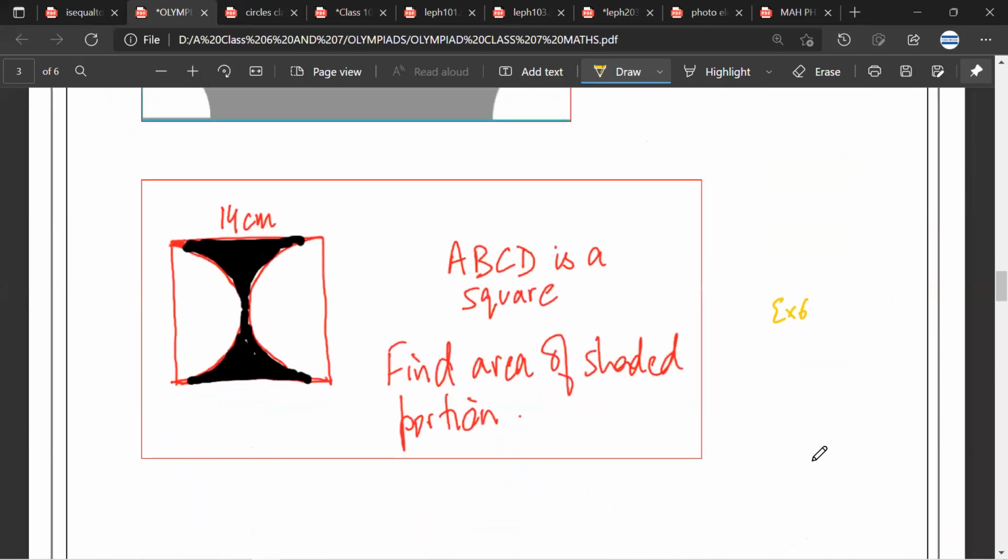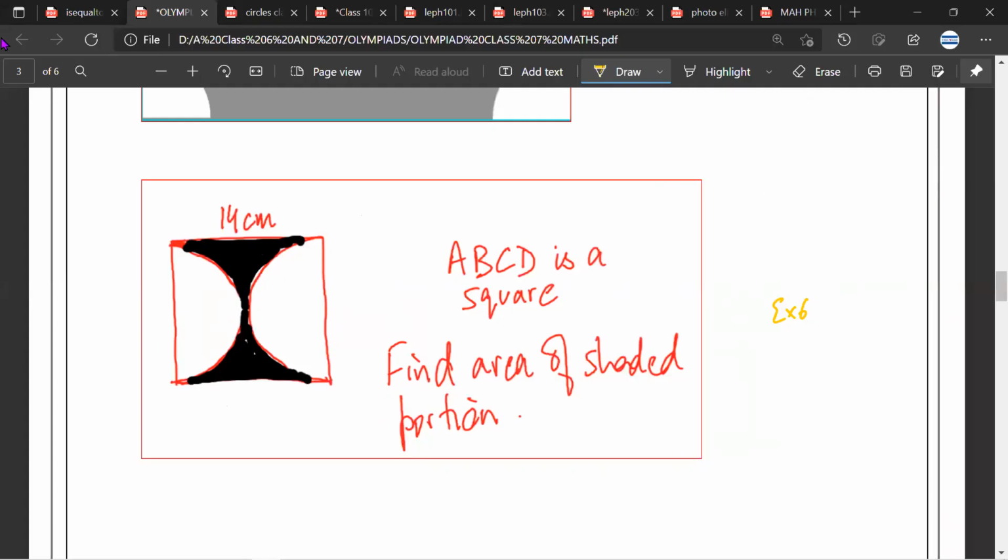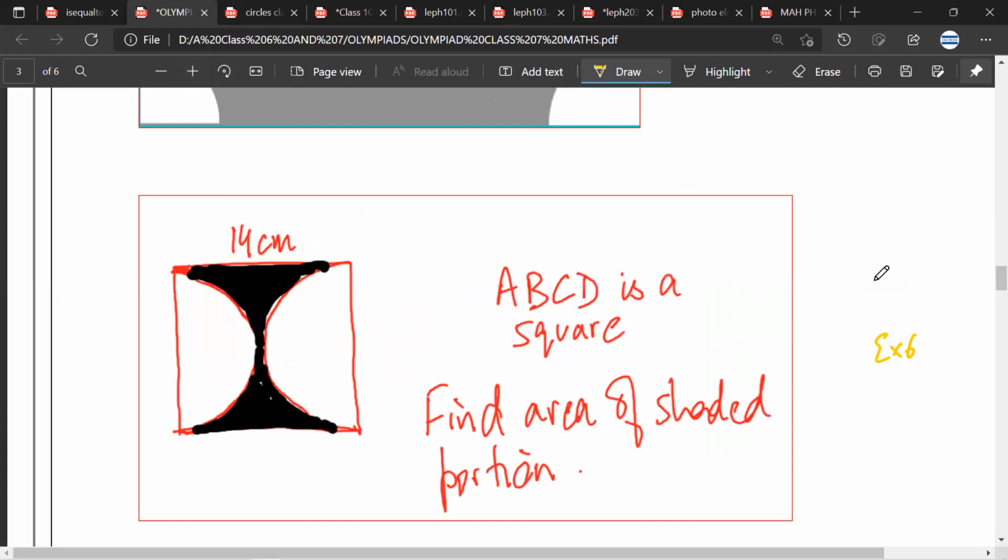See, another way this question can be formed is a question like this. Sarthak, can you tell me how to find the area of the shaded portion? We'll calculate the area of the two semicircles, and then we'll calculate the area of the whole square.